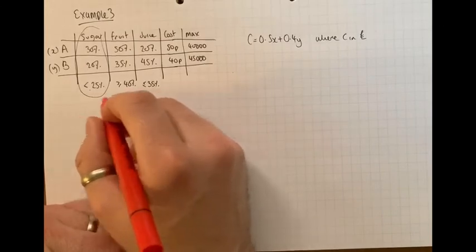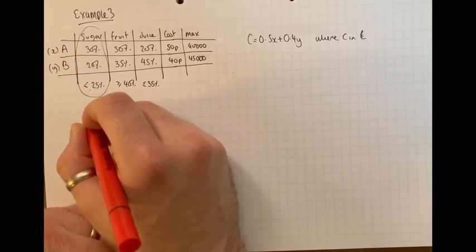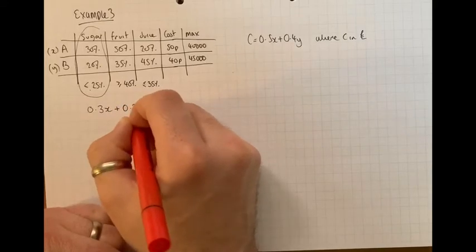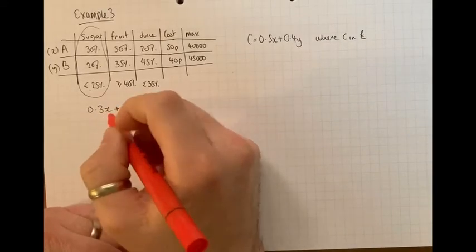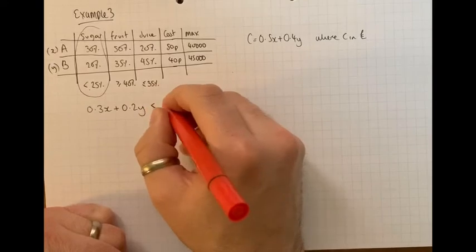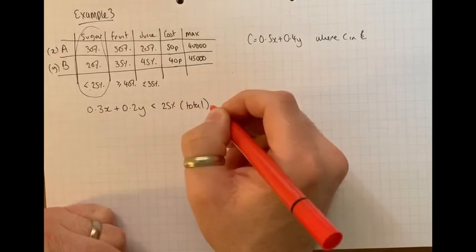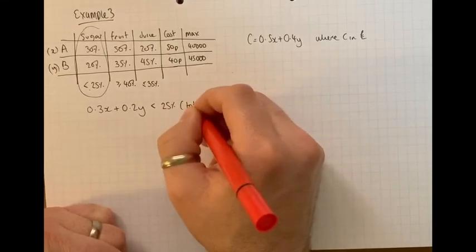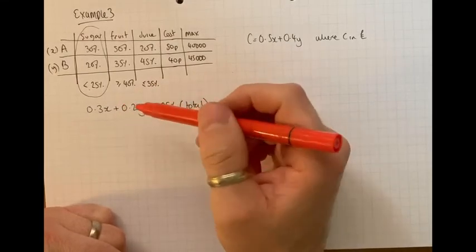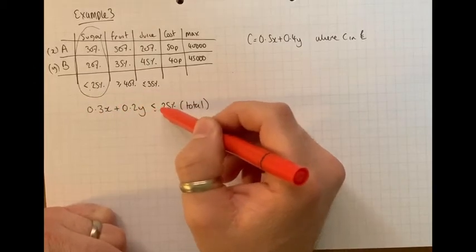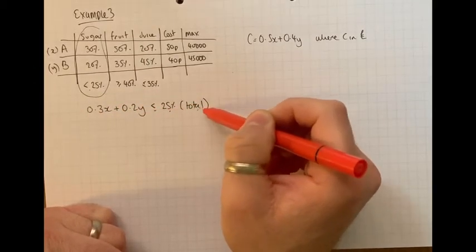So we'd have 0.3x plus 0.2y must be less than 25% of the total. So your total blend, less than 25% of it must be the sugar.